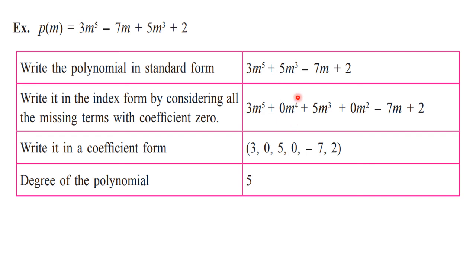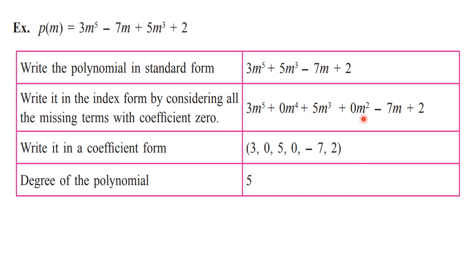So write down that term and the coefficient you are going to write is 0. Then after m raised to 4, you should have m cube, which is present here, so copy that down. After m cube, you should have m square, which is not present here, so you will write 0m square. After m square, the term with m will appear. It is present, so minus 7m and finally plus 2. So see 1, 2, 3, 4, 5 and 6. We got 6 terms here. So this is called index form.